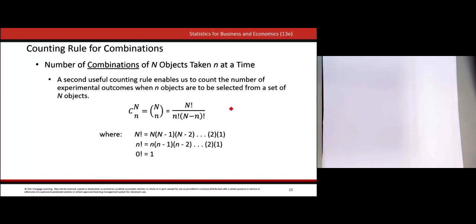For example, 5 choose 2. Then how do we calculate this one? This is not 5 divided by 2. This is 5 factorial divided by 2 factorial times (5 minus 2) factorial.